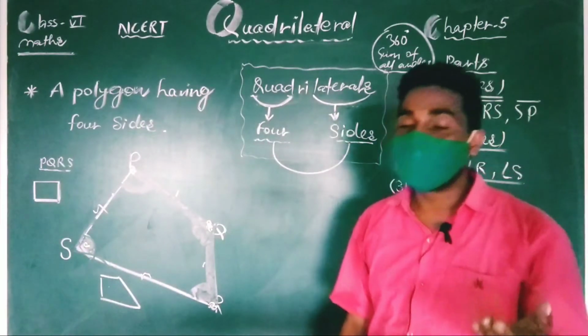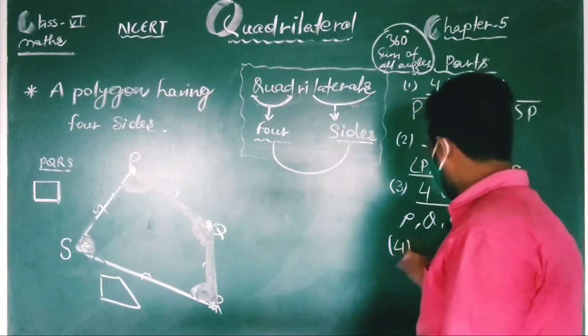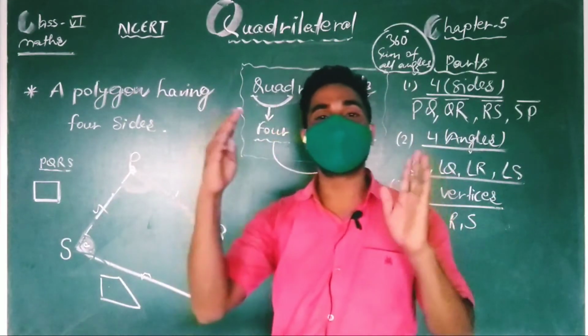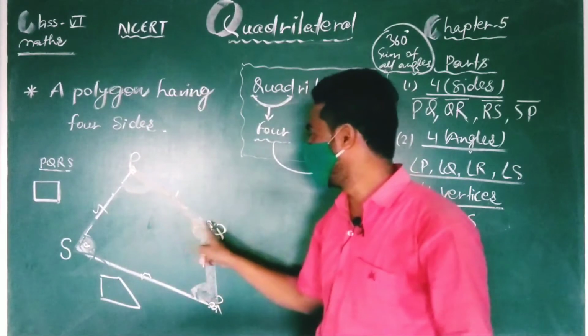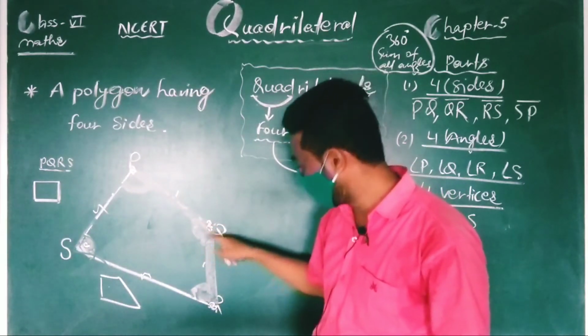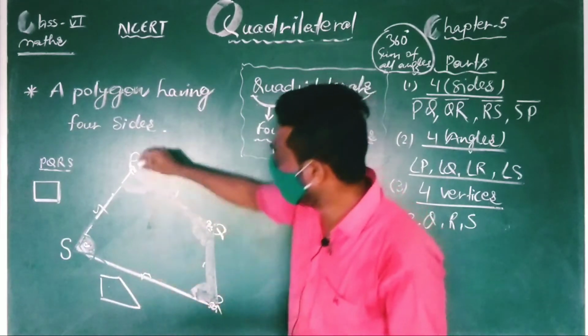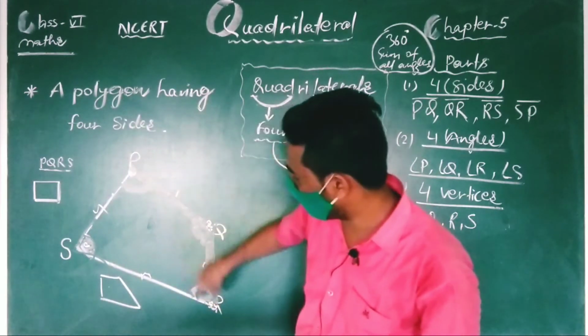Thereafter, one more part it has is the diagonals. So how many diagonals are there? A diagonal is a line segment which joins 2 non-adjacent vertices. These 2 will be adjacent vertices, these 2 QR will be adjacent, and so on. But P and R are not adjacent.